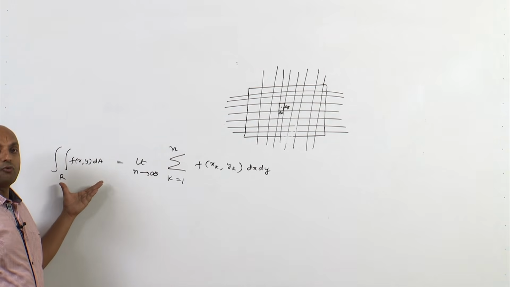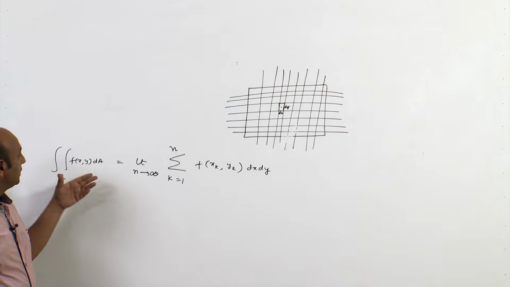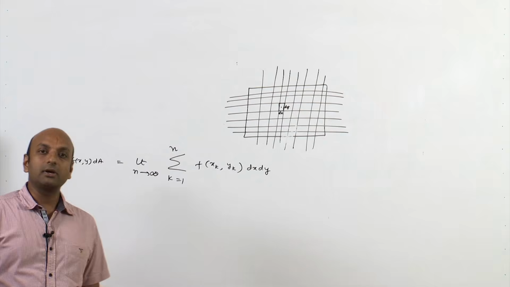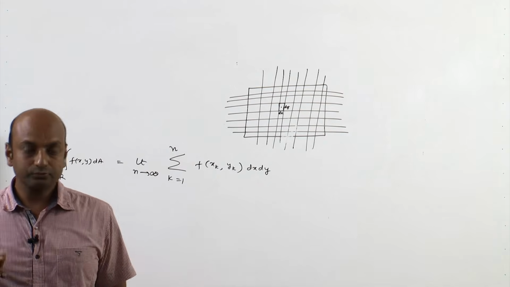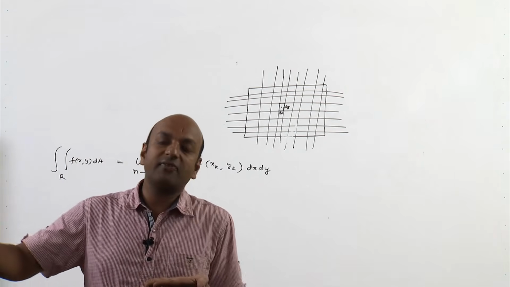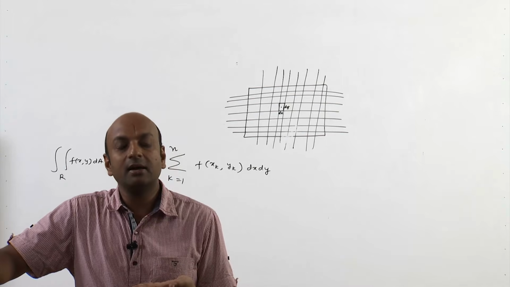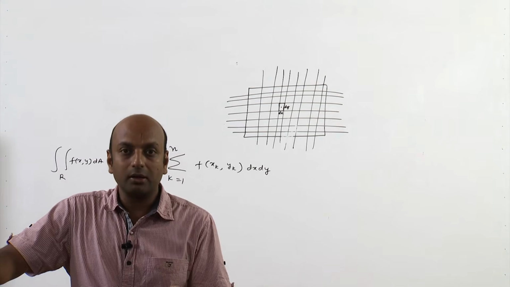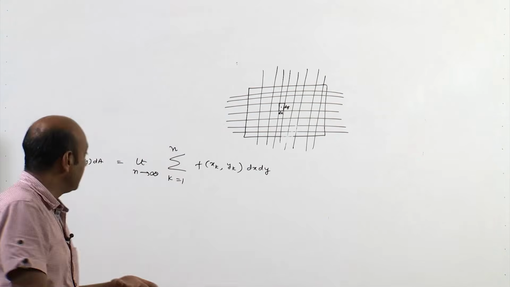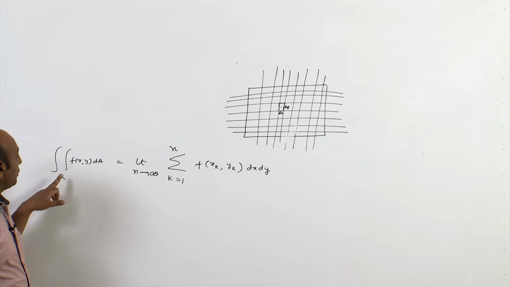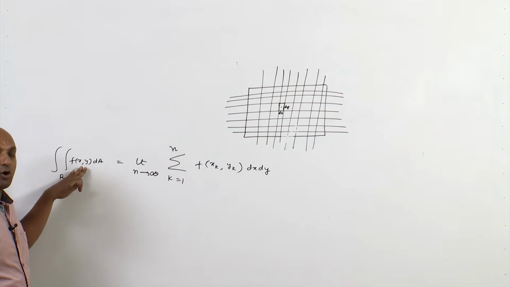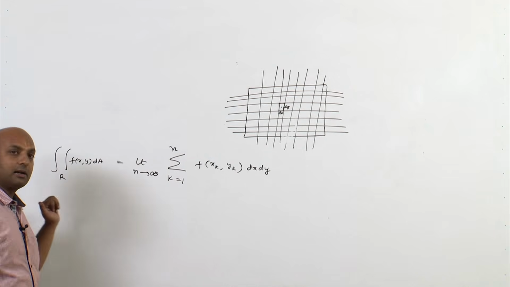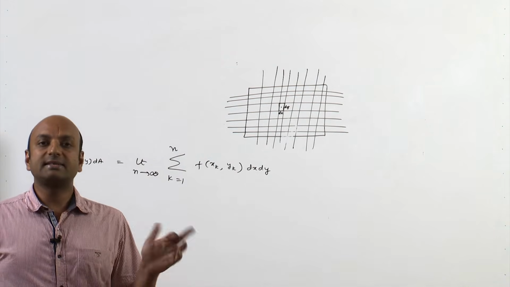It gives the volume of the solid over the region R, where the height is governed by z equal to f(x,y). Here we have defined the region as a rectangle, but the region may be anything, a square or some other portion on the xy plane.